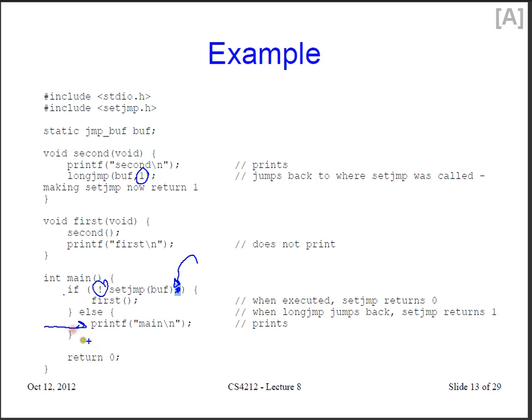We jump here, and we're going to print the statement in main. So we're simulating a second return from setjmp with a return value of 1. So we're going to go here.